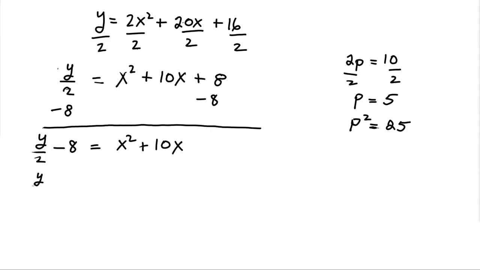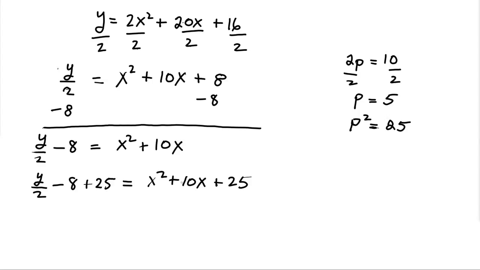So I get y over 2 minus 8 plus 25 equals x squared plus 10x plus 25.